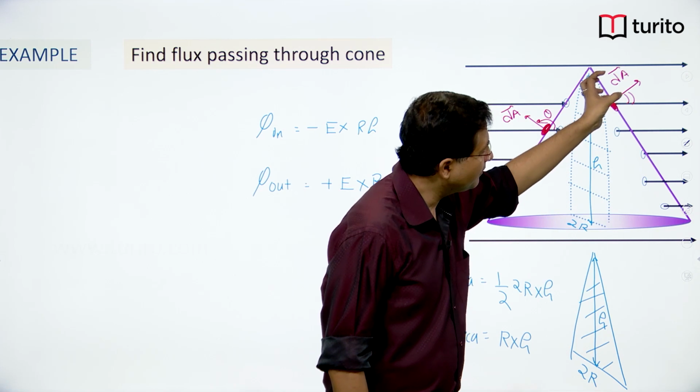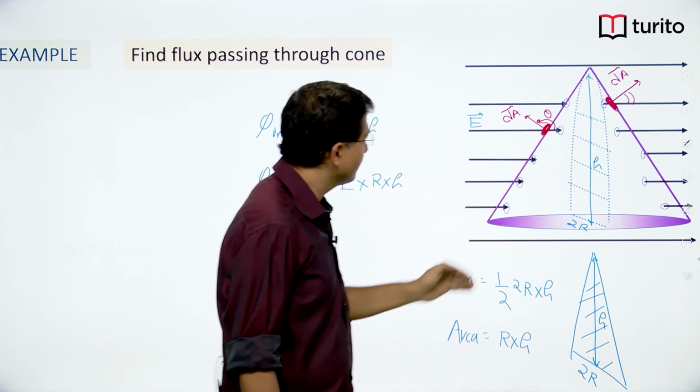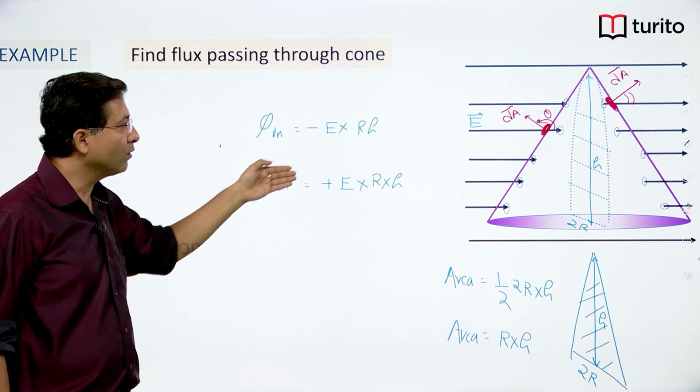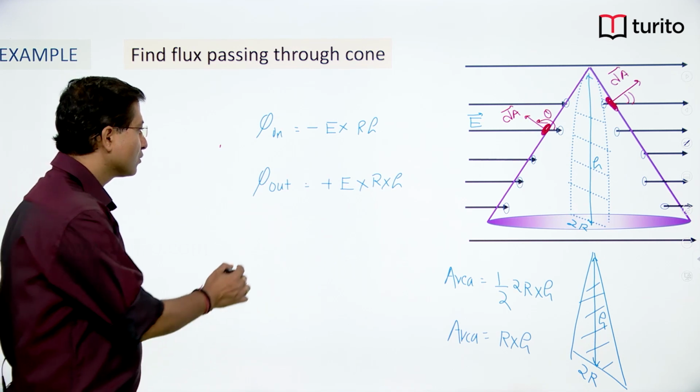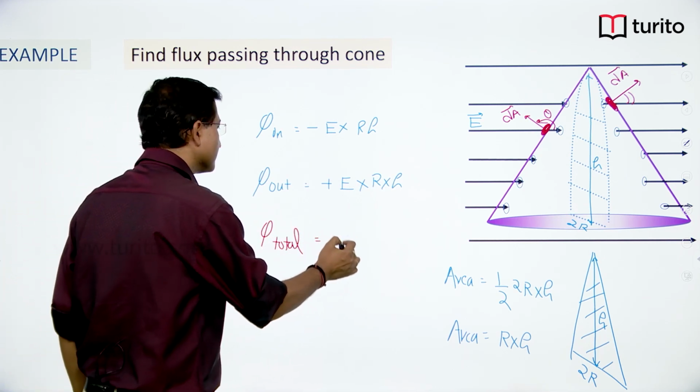For all these elements, less than 90, positive. So in is negative, out is positive, total is 0.